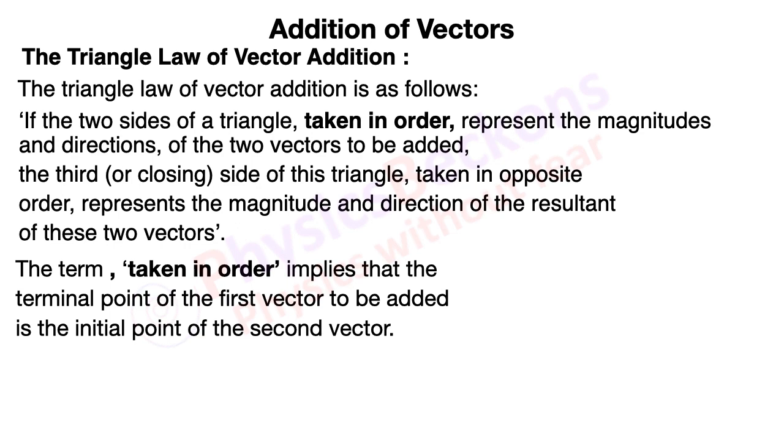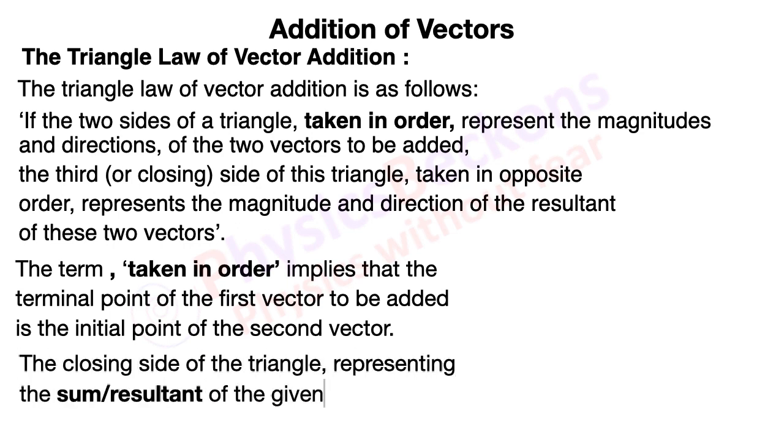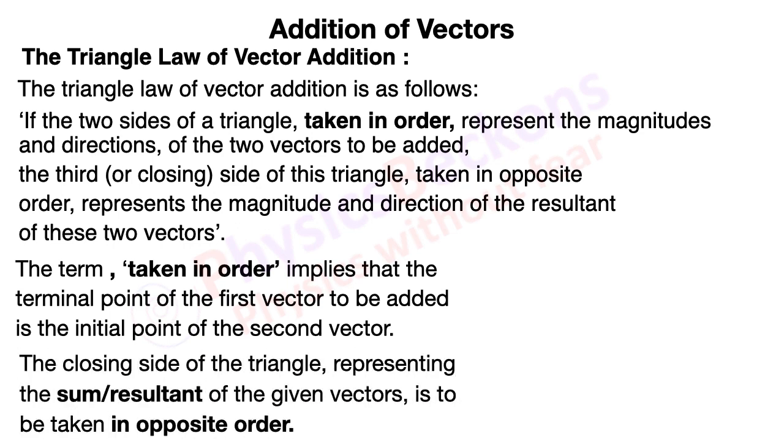That is, B, the terminal point of the first vector, should be the starting point for the second vector. So AB and BC are the two sides in order which represent the given vectors to be added. The closing side is to be taken in opposite order. This will be clear from the diagram.